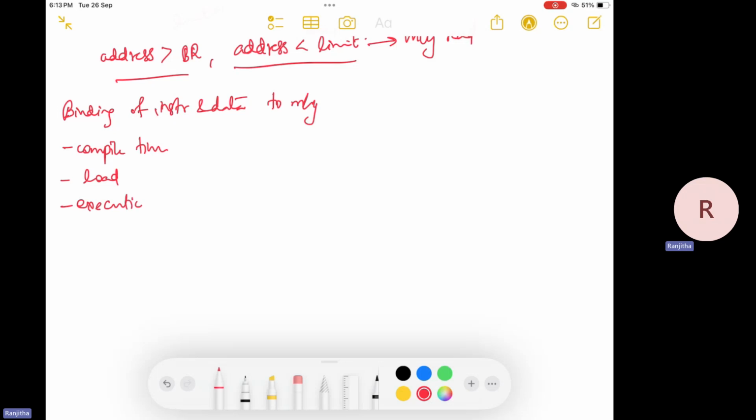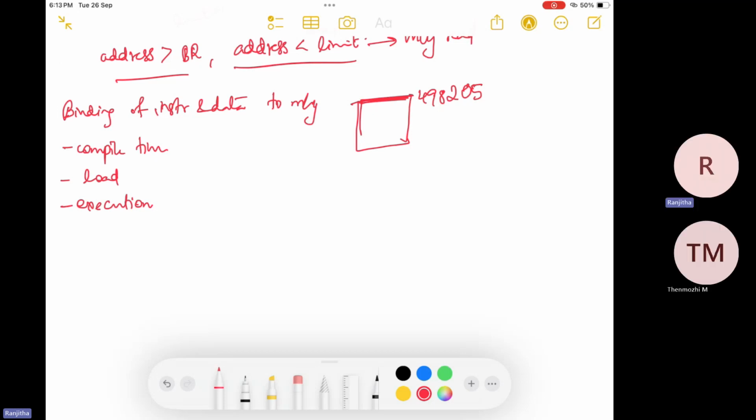When we say compile time, it means that if we have written a program in C, when we do the compilation, we already know that this particular location in memory, which starts from 4983, some random value, is where this program is going to be loaded. In that case, the compiled code will have this absolute address here.